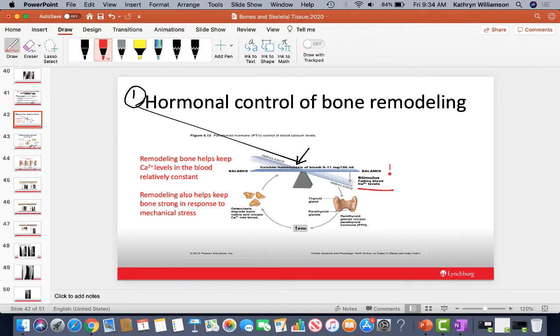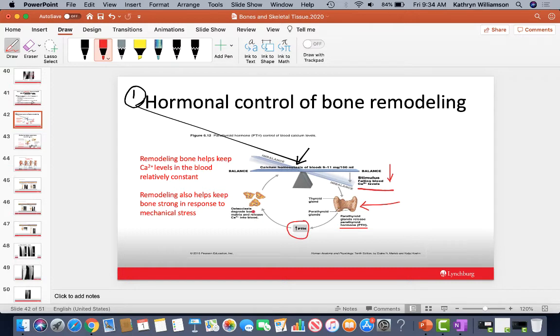Okay, so if our blood calcium levels decrease below a certain amount, that's going to stimulate the parathyroid gland to release parathyroid hormone, which is then going to increase our levels of parathyroid hormone circulating in the bloodstream.